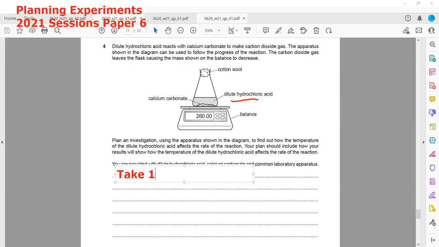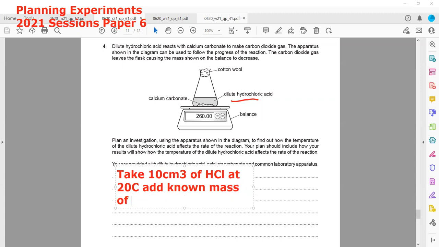For example, take 10 cm cube of HCl, hydrochloric acid, at 20 degrees centigrade. Add a known mass of calcium carbonate.